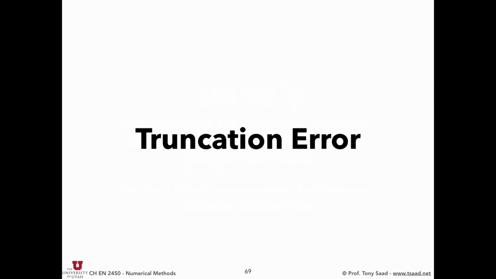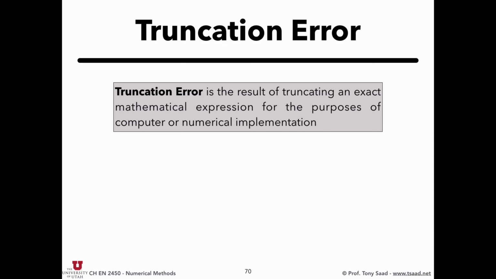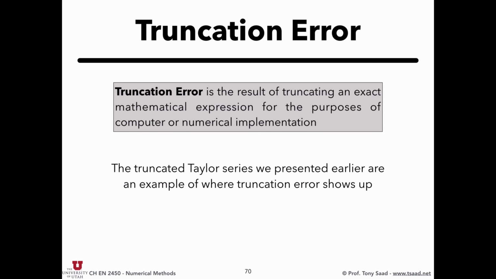The other type of error that we will talk about, actually we had already talked about, is truncation error. And that's defined as the result of truncating an exact mathematical expression for the purposes of computer or numerical implementation. And what would be a great example of truncation error? We just talked about it in the last lecture. The Taylor series are a great example of a truncated expression.